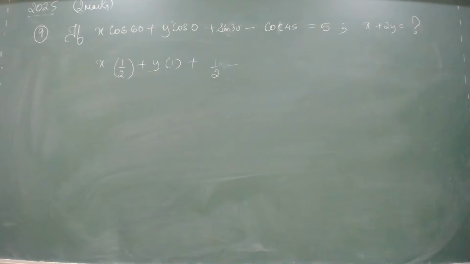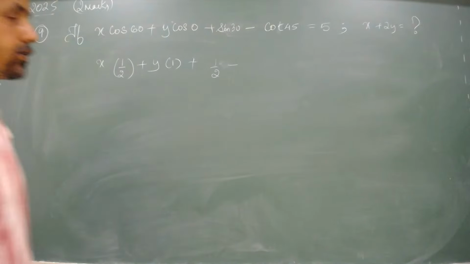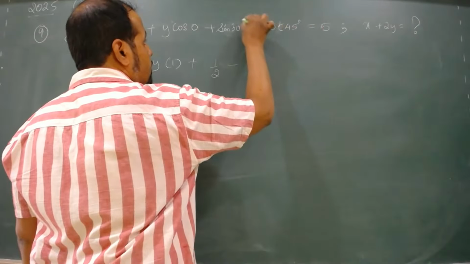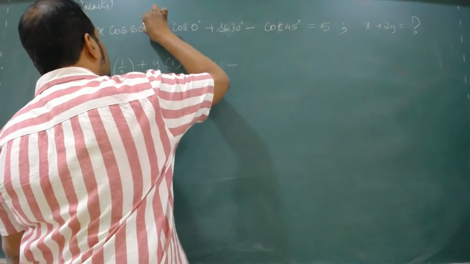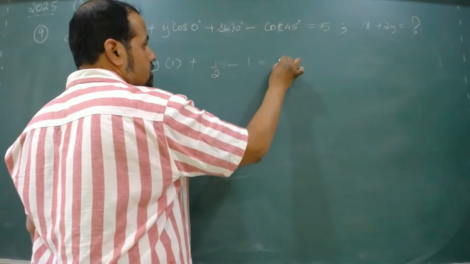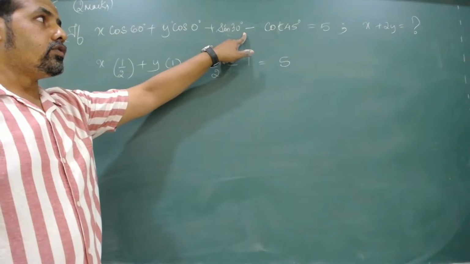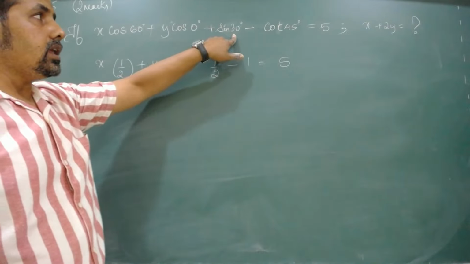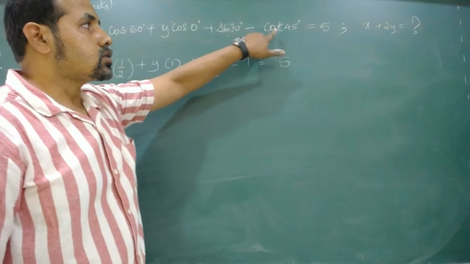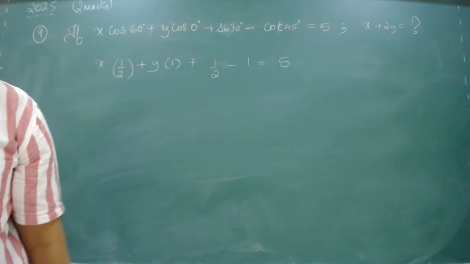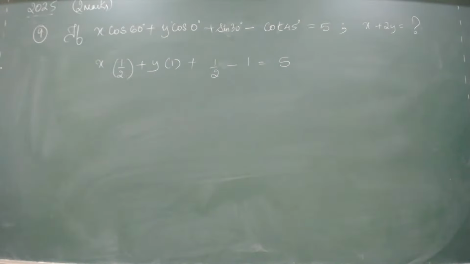Sorry, it should be cot 45. So x cos 60 plus y cos 0 plus sin 30 minus cot 45 is equal to 5. I had overwritten it in the question. Now simplify to get the result.